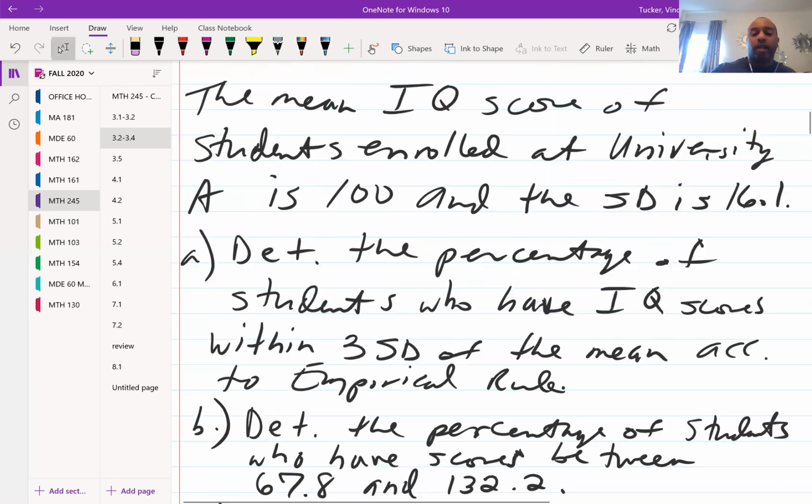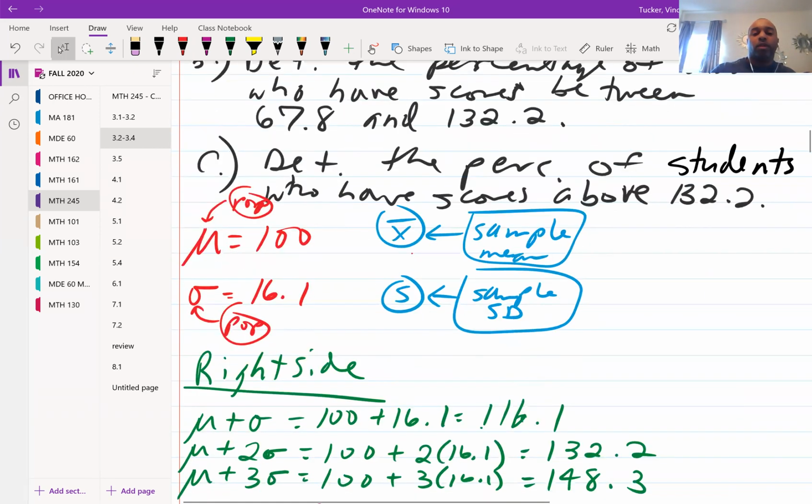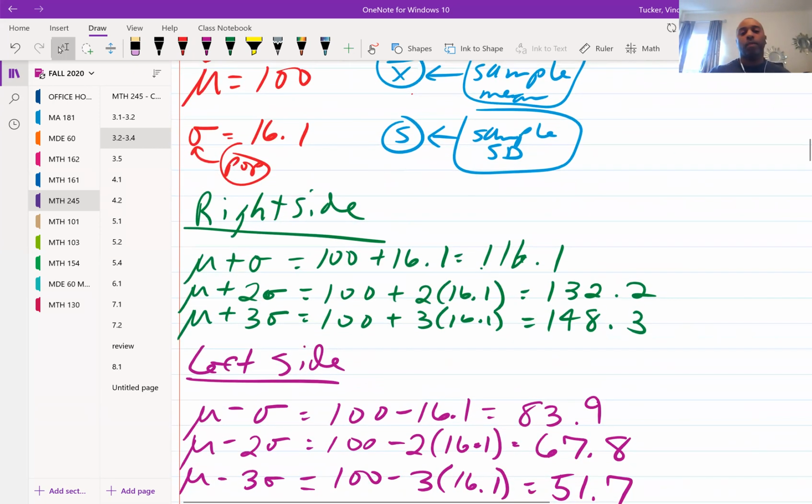We're subtracting it and adding it from the mean. So when we look at the right side, I have 100 plus 16.1. So that gives me 116.1. And then add 16.1 again, that'll be 132.2. Then add 16.1 a third time, and that'll be 148.3.